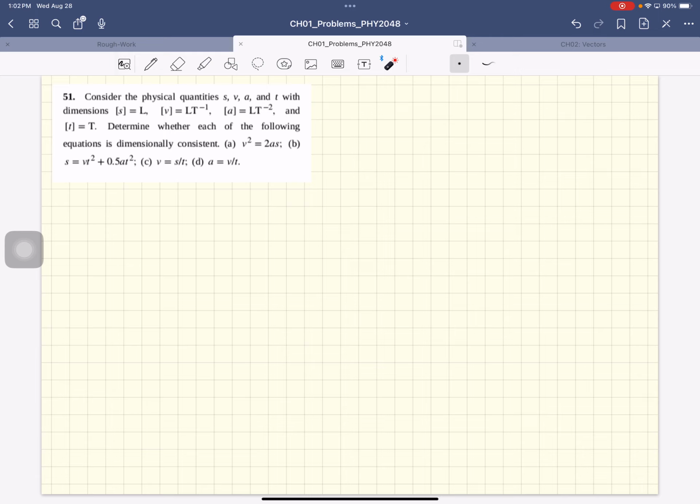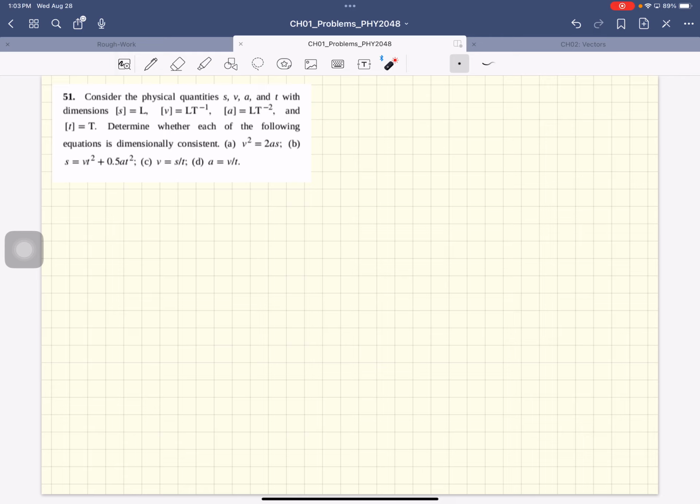They ask, are these equations dimensionally consistent? What does that mean? Is the dimension on the left-hand side the same as the dimension on the right-hand side? Do you have apples on the left-hand side and apples on the right-hand side? That's a quick check to see if the equation is potentially right.